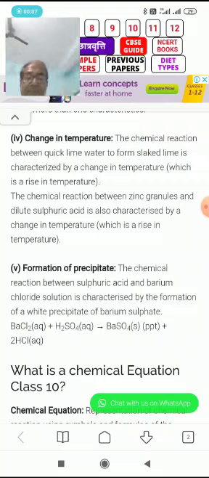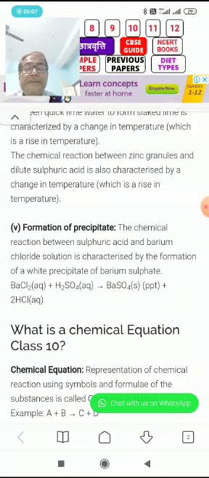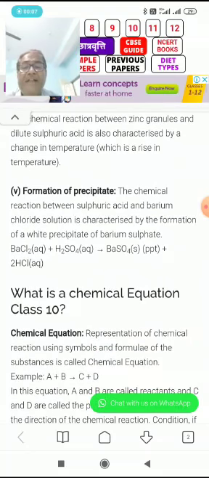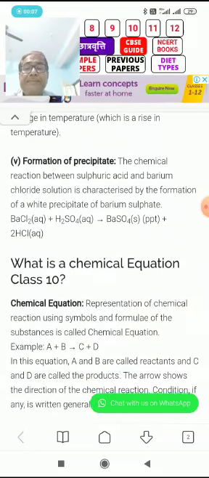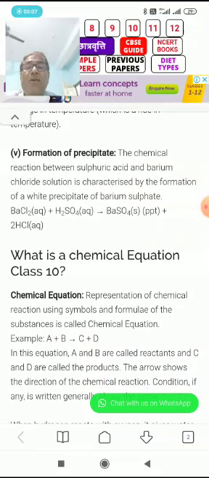Similarly, when we react sodium chloride with silver nitrate, we get a white precipitate of silver chloride. Now the question is, what is a chemical equation?